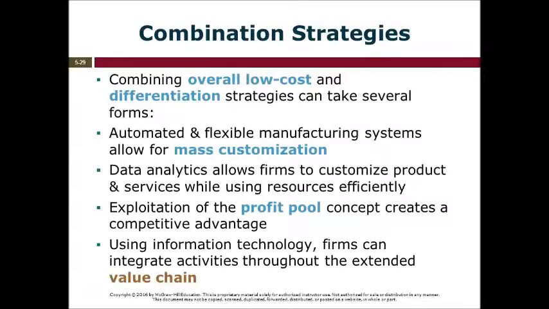Okay, further to that, we have just some different things that you can use in strategies here. You can do full customs, you can do mass production. It just depends how you want to do it. It depends what industry you're in, what product or service you're trying to provide. Okay, take a look at these and see how they may relate to some of your different case studies.